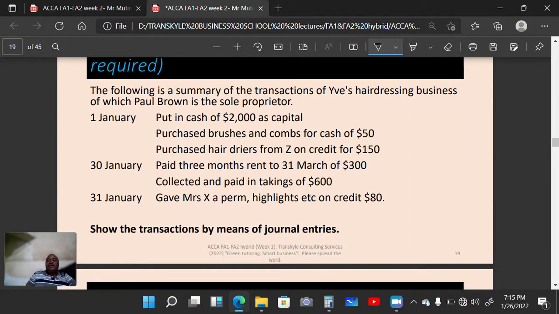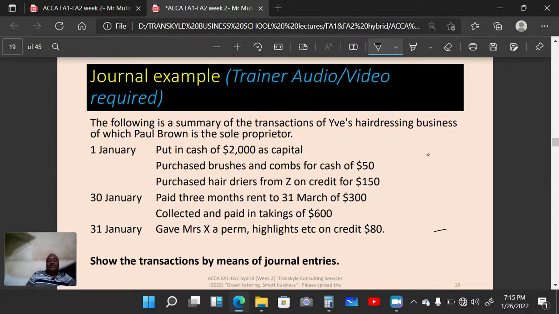The journal. The journal, like I said, is an account record, which is also part of the books of prime entry, but usually records very rare accounting transactions. It also records the adjustments of errors, as well as some transactions which do not frequently occur.